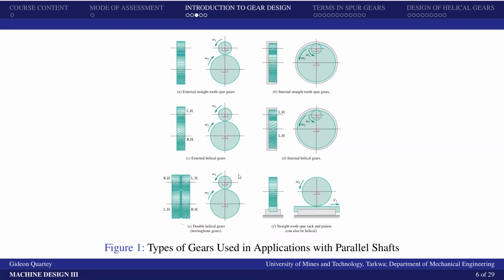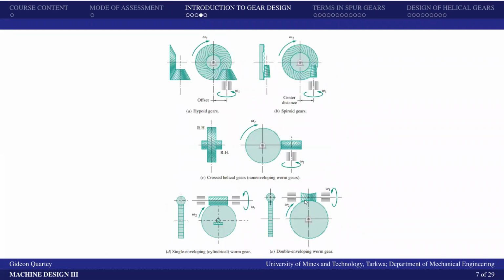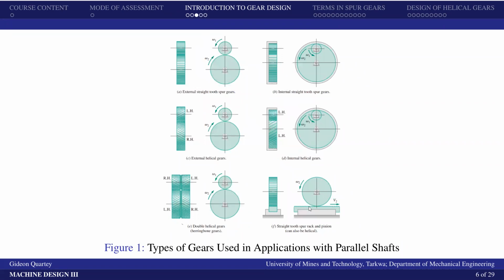Then we also have the rack and pinion. So the straight tooth rack and pinion is also used in cases where the shafts are parallel. Here we see the pinion and the rack. The rack is actually something like a straight bar with gear teeth on it.